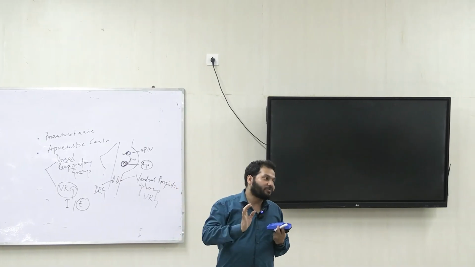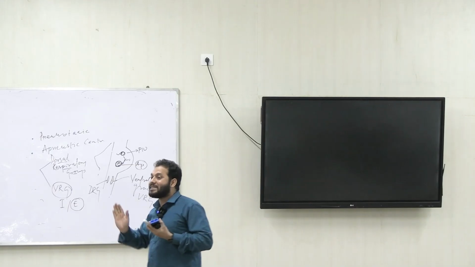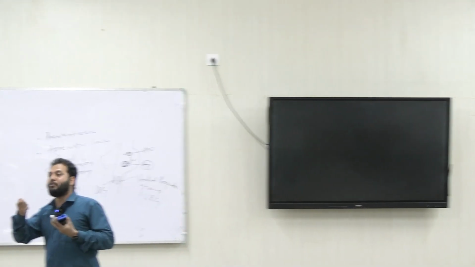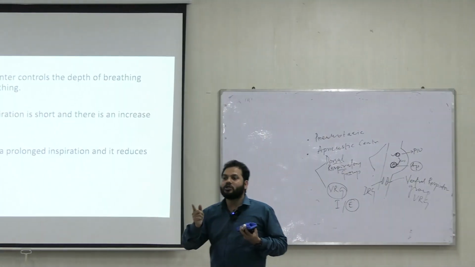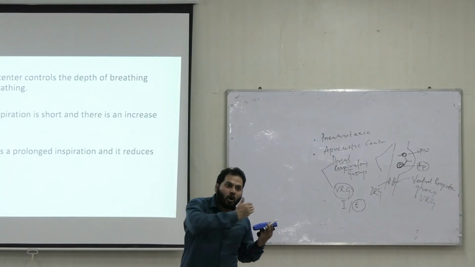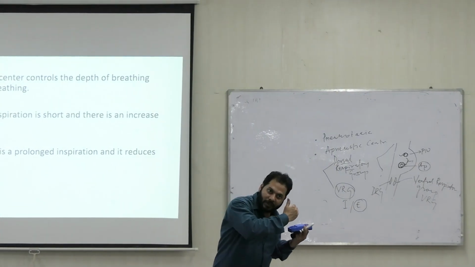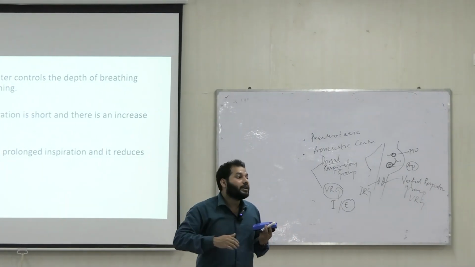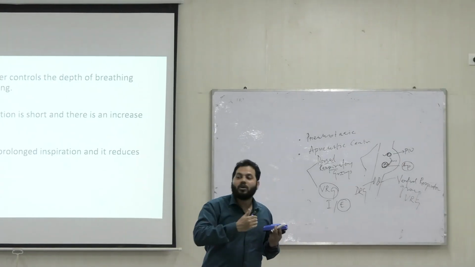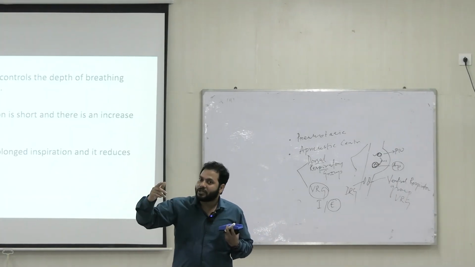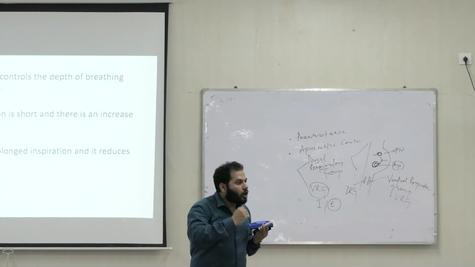It means if the apneustic center continuously sends a positive stimulus to the inspiratory center of the dorsal respiratory group, it will continuously maintain inspiration only, called prolonged inspiration, right? Which is not a normal state.